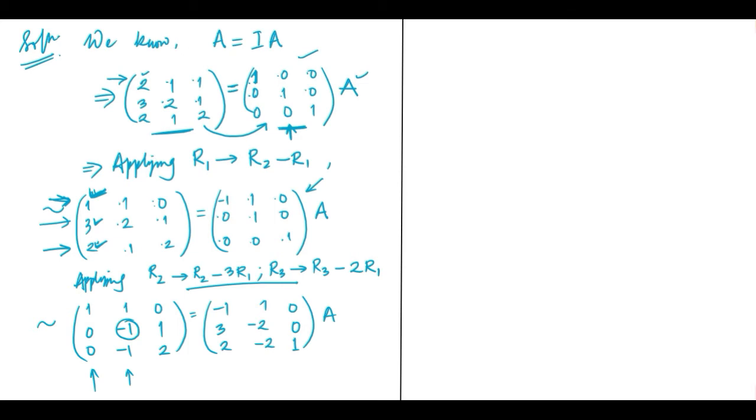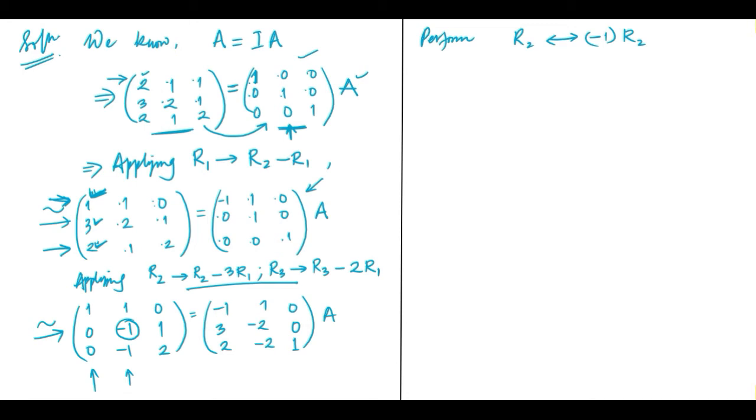Converting this to 1 is the same as converting R2 to its negative. So now we will perform R2 replaced by minus 1 times R2.